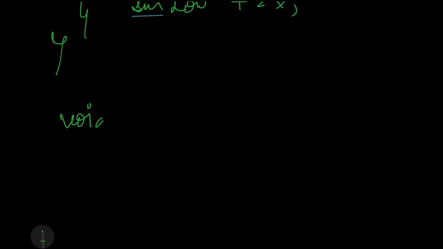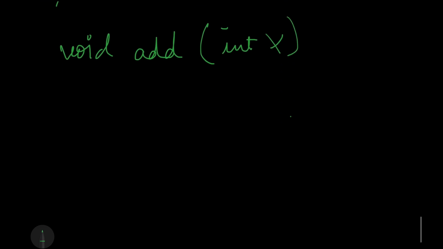Then we'll define a method, void add, in which we'll add the elements to our low and high.